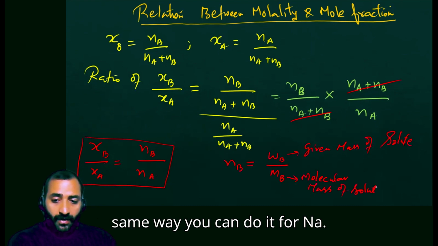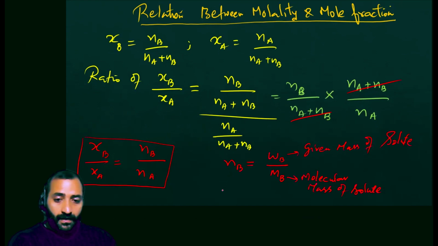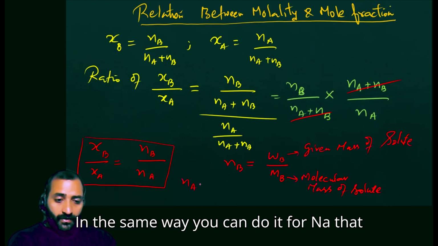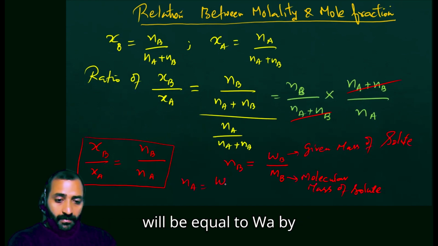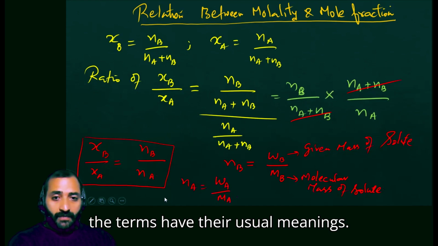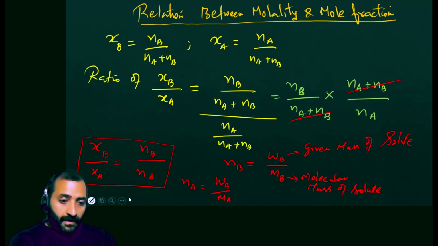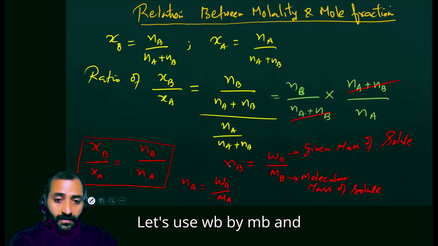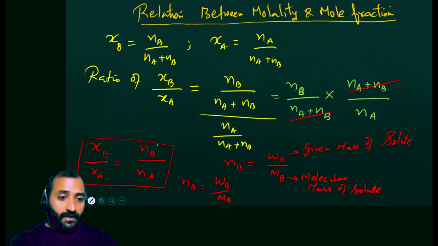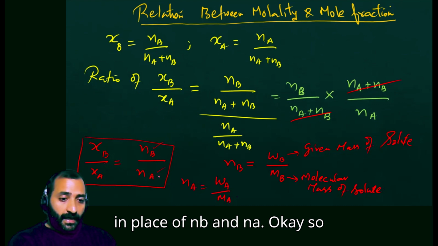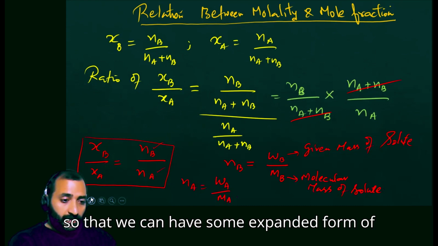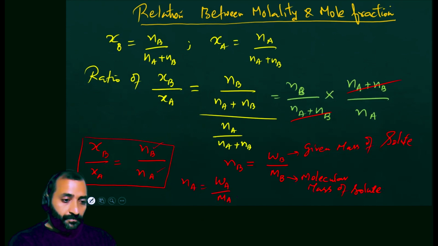In the same way you can do it for Na, that will be equal to Wa by Ma. Okay, and here the terms have their usual meanings. Let's use Wb by Mb and Wa by Ma in place of Nb and Na, so that we can have some expanded form of this equation.